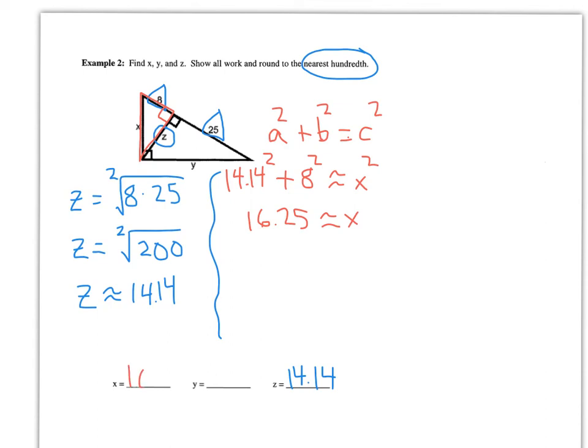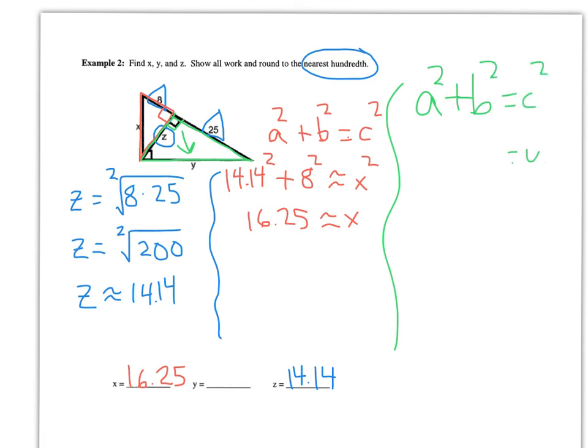So 16.25. Now to find Y, we're going to look at another triangle. Let's look at this green triangle, and that is a right triangle with the hypotenuse being Y. So again, we're going to use the Pythagorean theorem. A squared plus B squared equals C squared. In this case, C is our Y value. We are going to use the approximate answer for Z, which is 14.14.